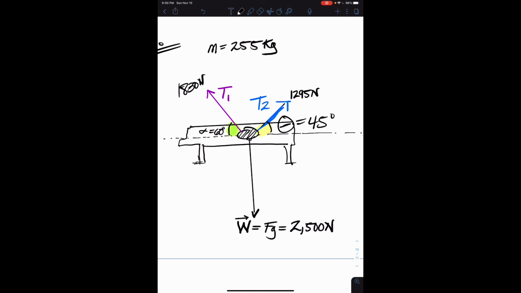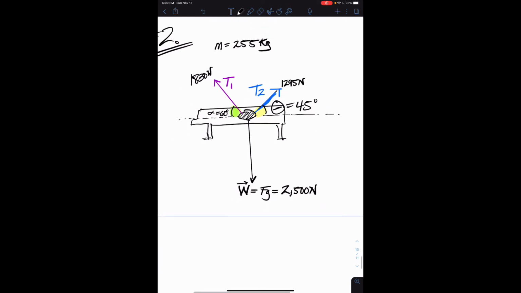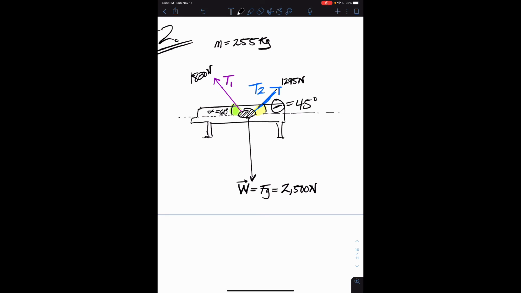Okay, how much work is done by each of the three forces? Okay, so we know that D is going to be 5 meters, and it's going to point straight down. So let me go ahead and jot that in there. So this is D, and this is equal to 5 meters.